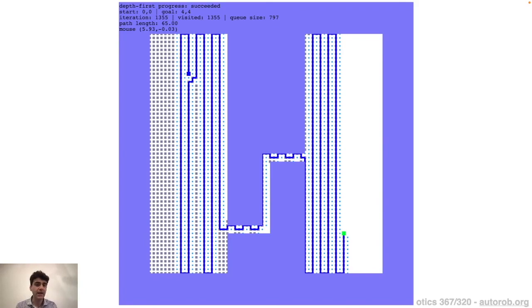You would expect to see behavior something like this, where, based on that kind of strict ordering of how depth first search chooses to expand and visit nodes, you can sometimes get these very zigzagged paths. But notably, it does find a valid path, valid meaning there are no collisions with the environment, that takes the robot from the start node, as indicated by the dark blue square towards the upper left portion of the map, to the goal node, which is the green square in the lower right portion of the map.